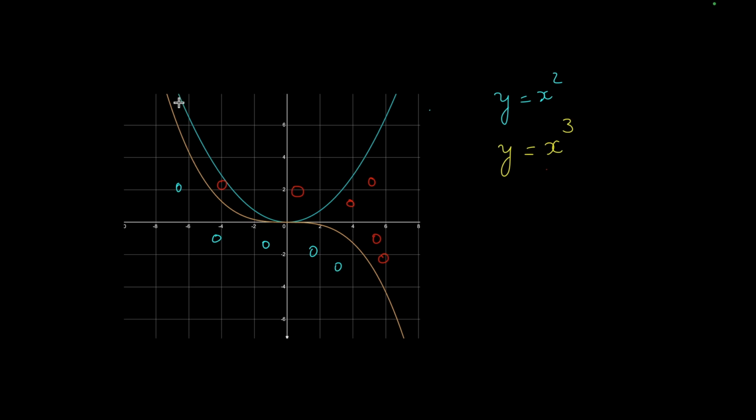Let's take a simple binary classification problem where one of the classes is represented by these red dots and the other by the blue dots, and we want to find the boundary line between the two. Instead of using a higher degree polynomial, y equals x cubed, represented by this yellow curve, we could use a combination of y equals x squared and give a condition that whenever the x value is greater than 0, we use y equals minus x squared.